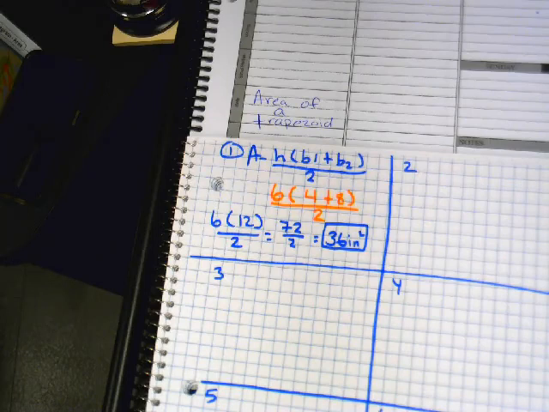What number is my height on number 2? 4. So that number should go outside. Number 4 should go outside.